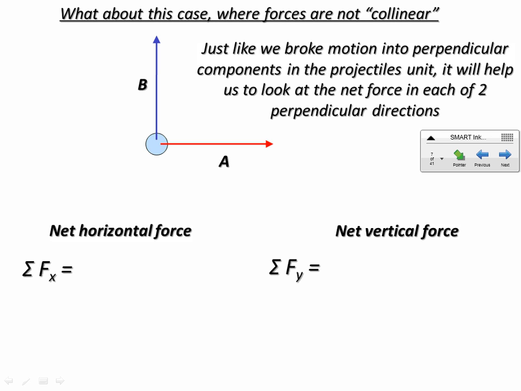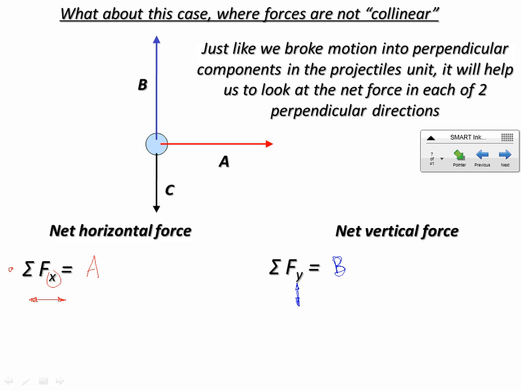So when we do net force in the x direction, x means side to side. We look for any vectors that point side to side. Right now, all of them is A. That's it. All of the ones that point in the vertical direction, y for us meaning up and down, is B.